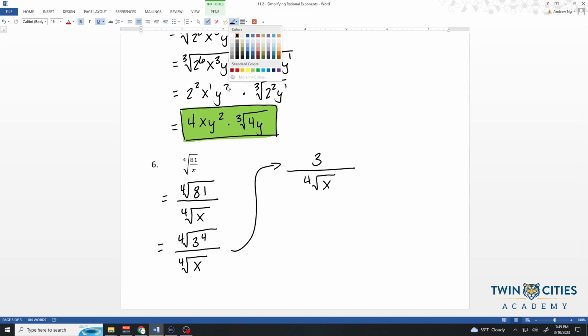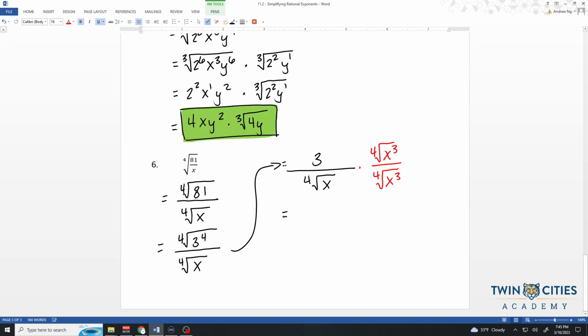So what I'll do to rationalize this, I'm going to multiply by the 4th root of x to the 3rd on the top and the bottom. Now this is just a fancy way of saying I'm multiplying by 1, because 4th root of x cubed over 4th root of x cubed, same thing, top and bottom, that's going to make 1. So this is really just changing the way that this looks without really changing the value of what I've got here.